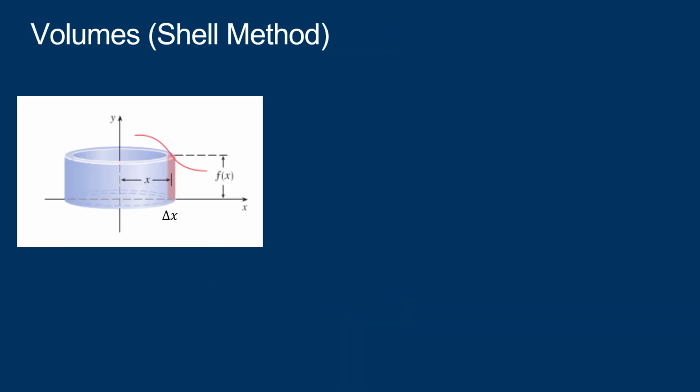Let's look at the formula for the shell method, guys. In the shell method, we use a cylindrical shell, a very thin cylinder. So how are we going to find the volume? The volume is going to be 2 pi times the radius, which is the distance from the axis of rotation, and that's going to be x.